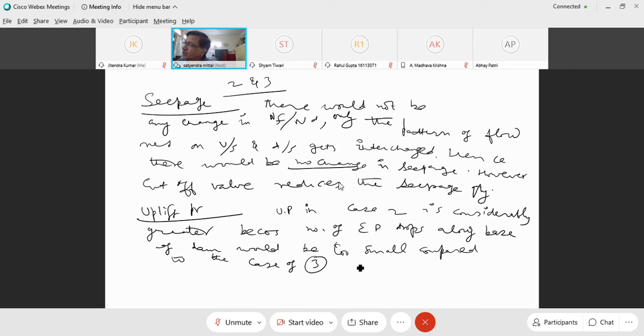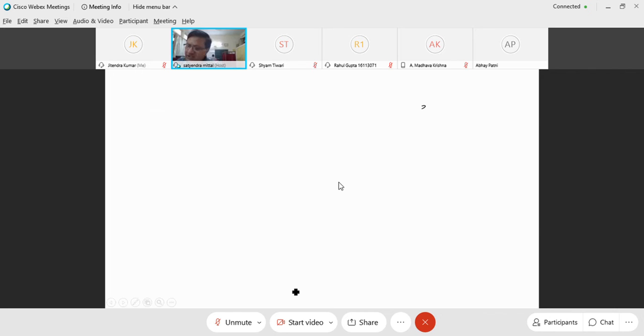So downstream cutoff is worse sometimes in respect of uplift pressure.